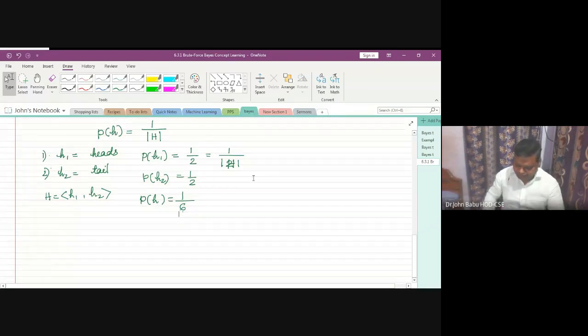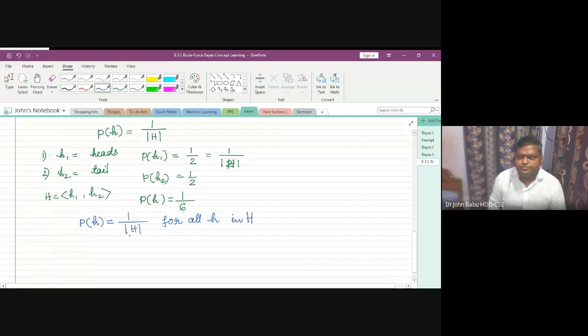So the prior probability of h is equal to 1 by the number of hypotheses, for all h in capital H. Did you understand it?